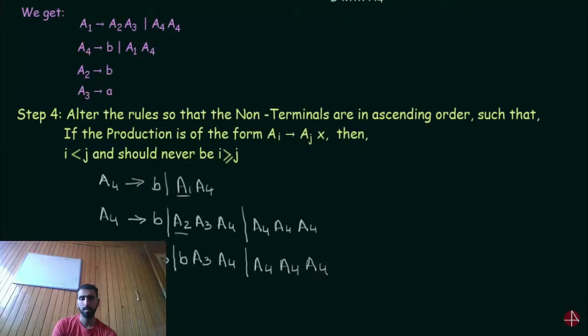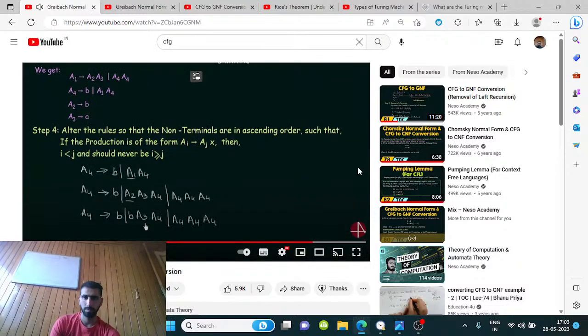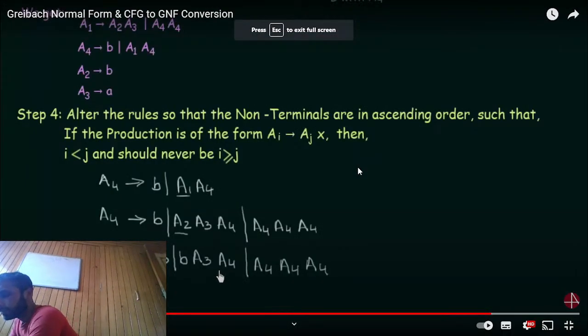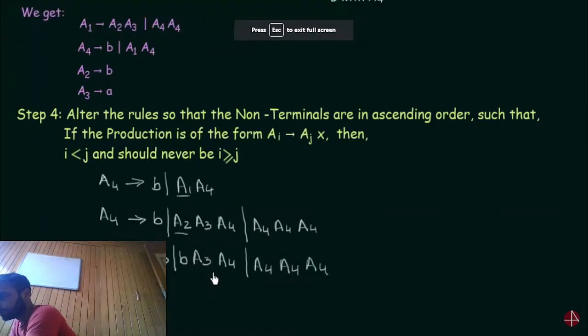Now let's see if it is following our rules or not. So here we see that A4 gives B, okay, that is fine, and A4 gives B, A3, A4. Now if you remember the rules of Greibach normal form, if a non-terminal symbol gives a terminal symbol followed by anything, then that is in Greibach normal form.